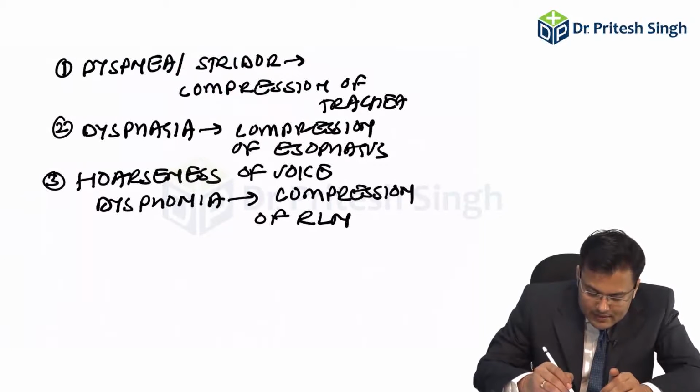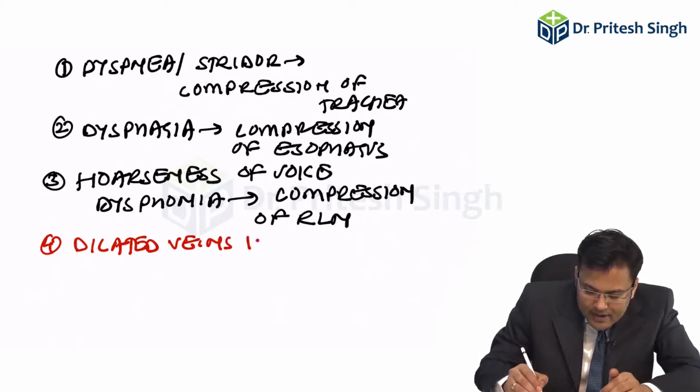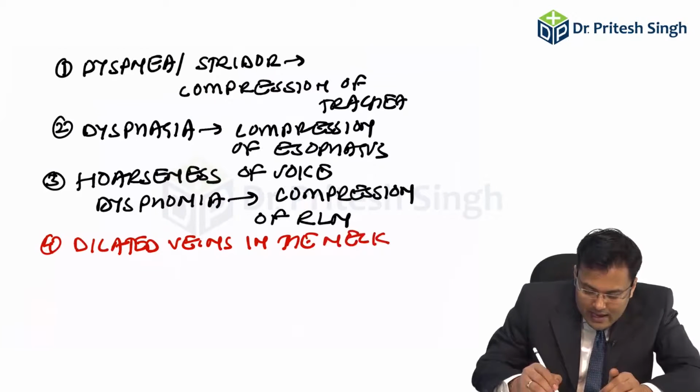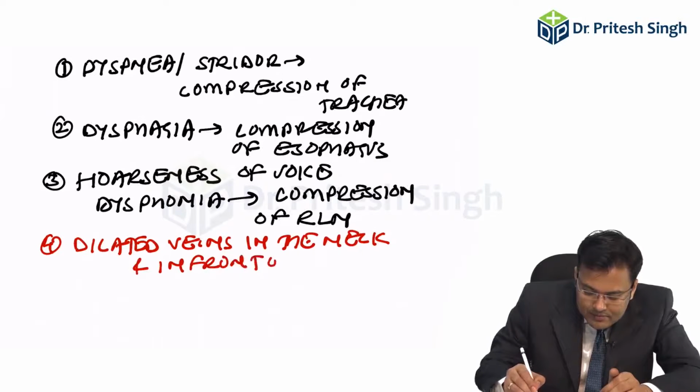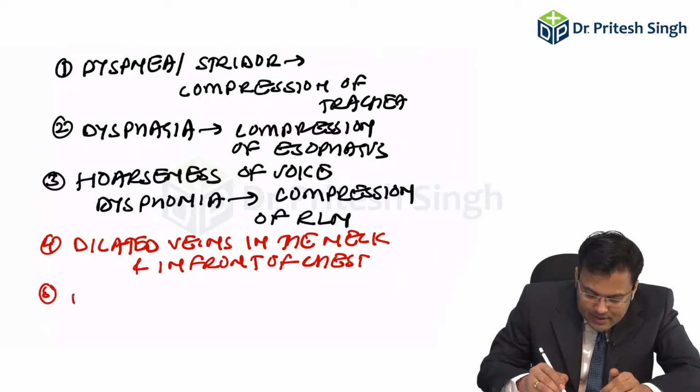After that, there are dilated veins in the neck and in front of chest, and Pemberton sign is positive.